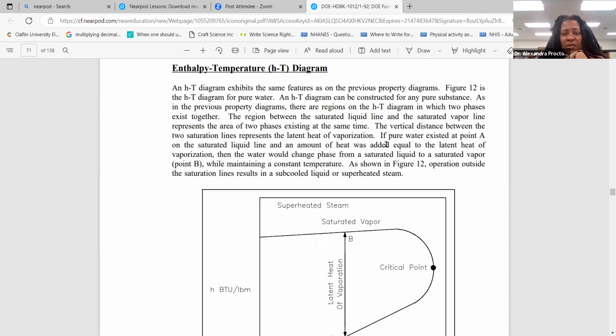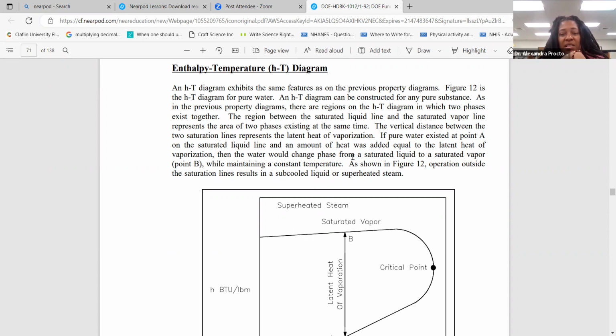So the vertical distance between the two saturation lines represents the latent heat of vaporization. Okay.